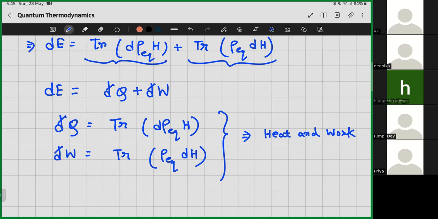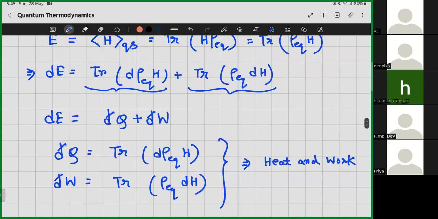Also, to connect with other properties of heat, d cross q is an inexact differential. Here d cross q is not a state property. But here d rho equilibrium H is for a particular state.